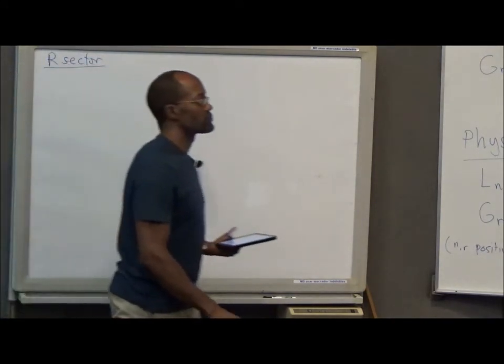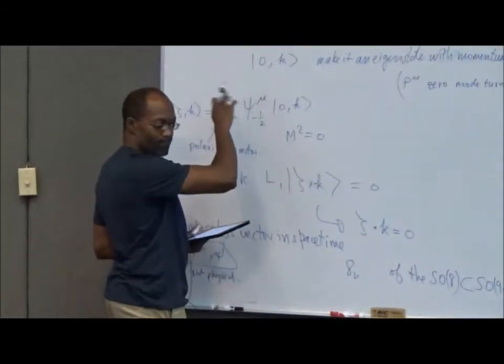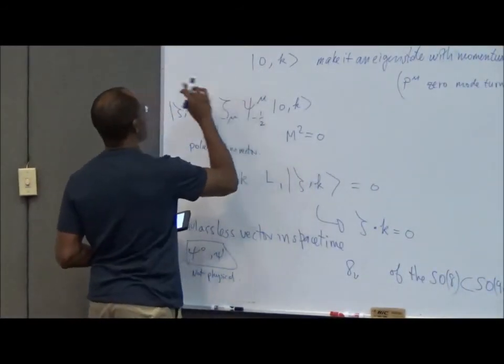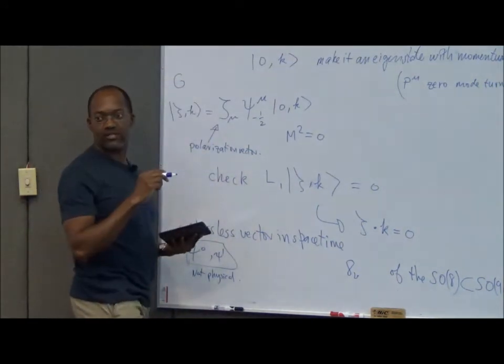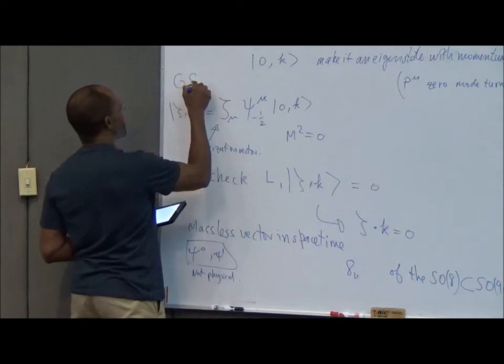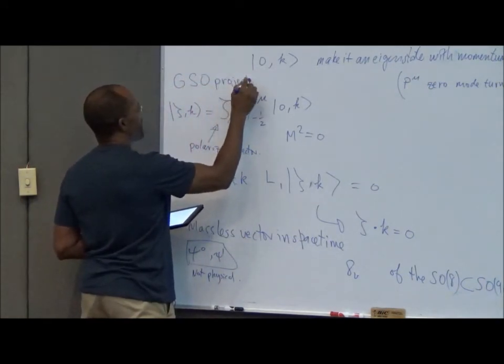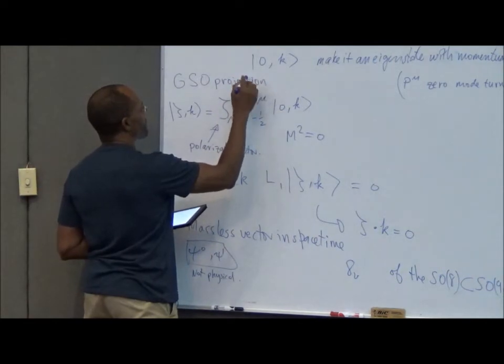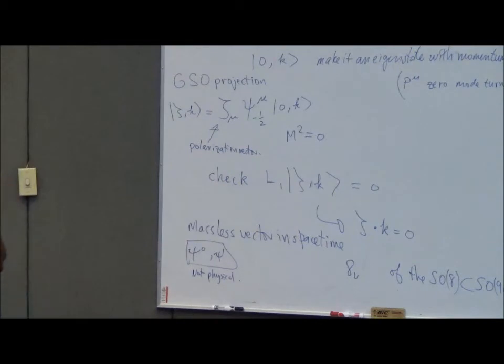Sorry, I should have given a name to the projection that gets rid of the tachyon. I apologize. That's the GSO projection. Did you meet the GSO projection? Okay, right. From some perspectives, the GSO projection is just a means of making sure you have space-time supersymmetry.